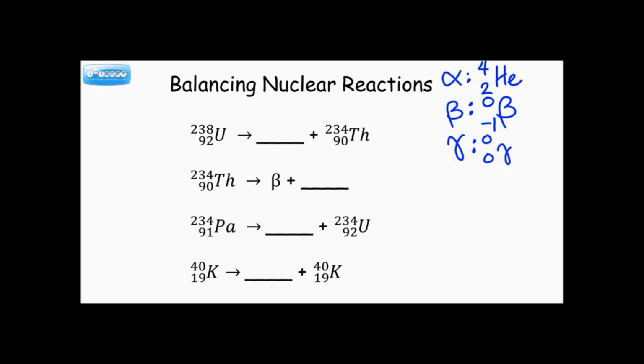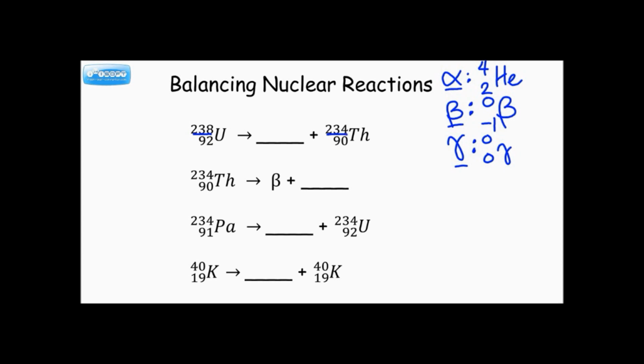So here's the easiest way to do this. If you use the idea that alpha is a helium atom, beta will increase the resulting element by 1 proton, which is what this -1 means, and then gamma doesn't have any change. Then all you have to do is just the math. So here, in our first one, we have a weight of 238, and we're going to 234.